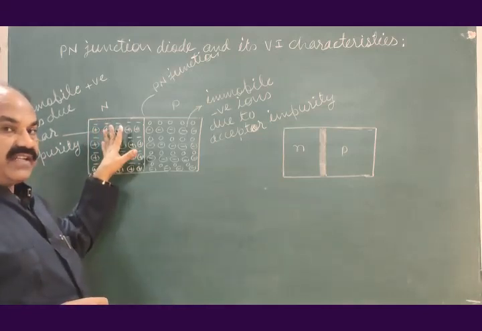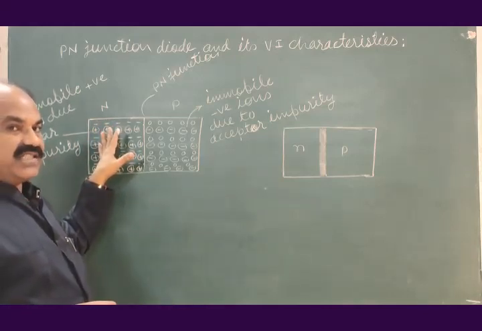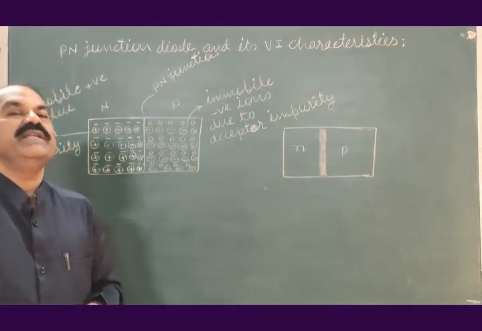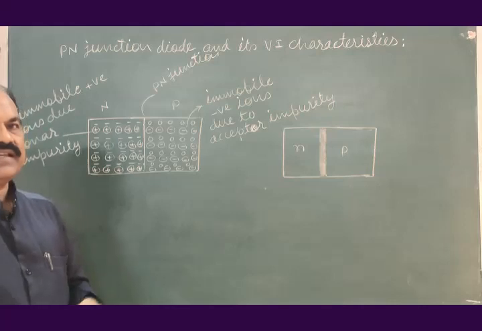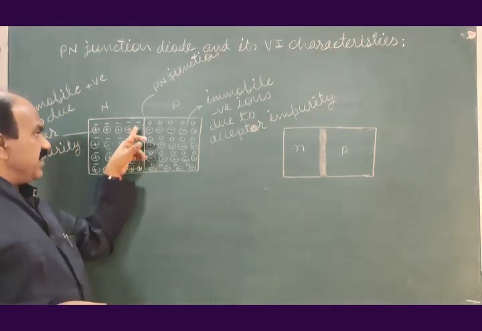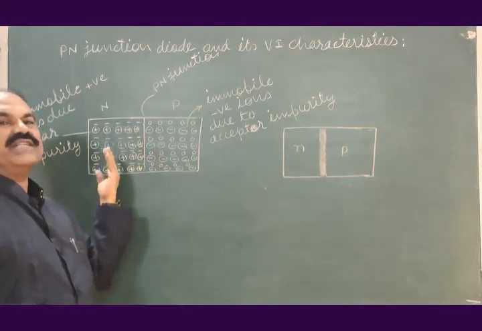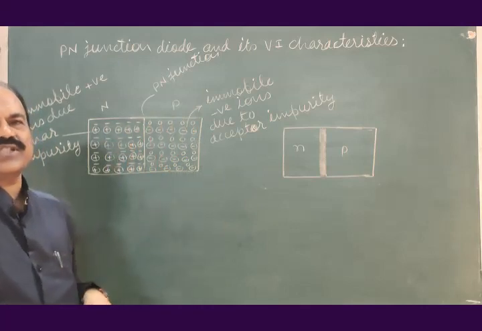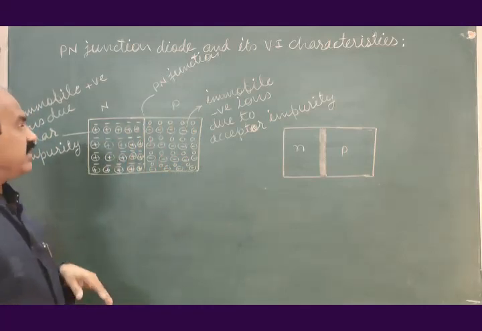But these negatively charged free electrons in n type and positively charged free holes in p type get attracted towards each other. These electrons attract holes towards themselves, and these holes attract these electrons towards themselves, and therefore what will happen?